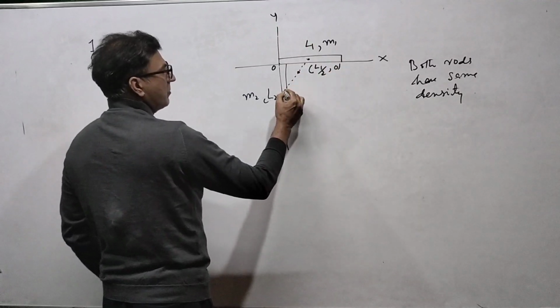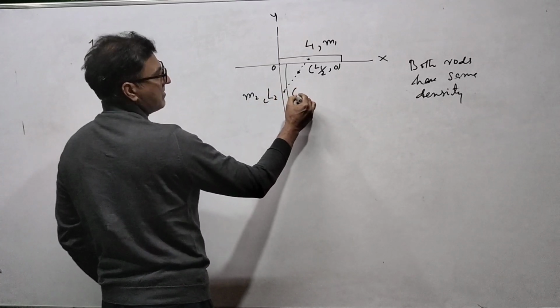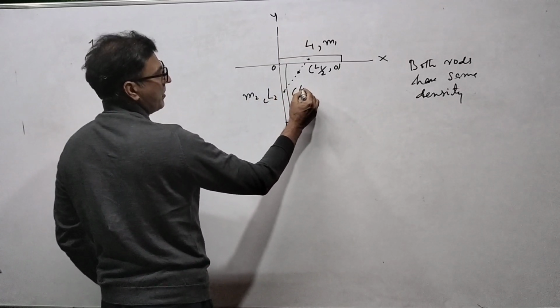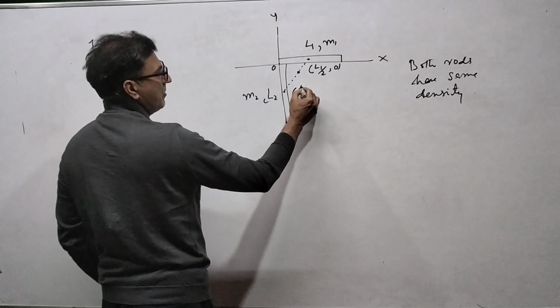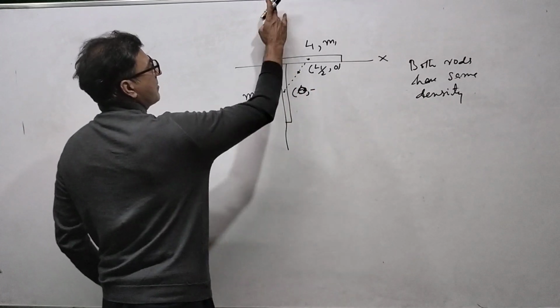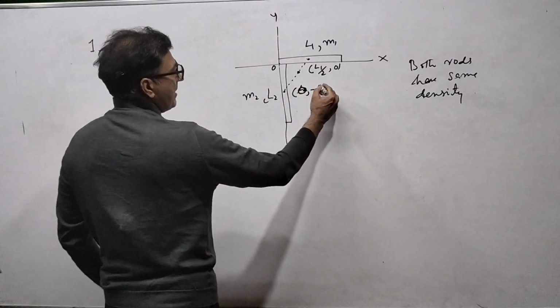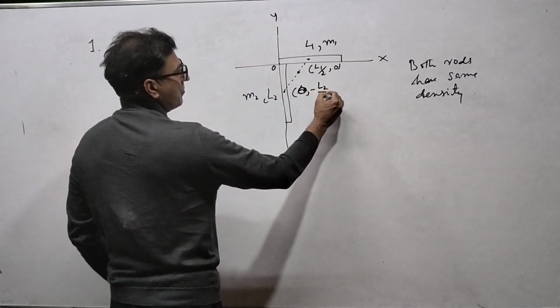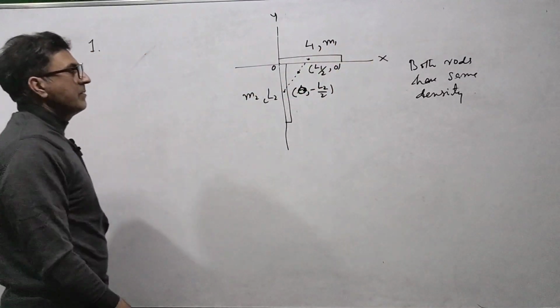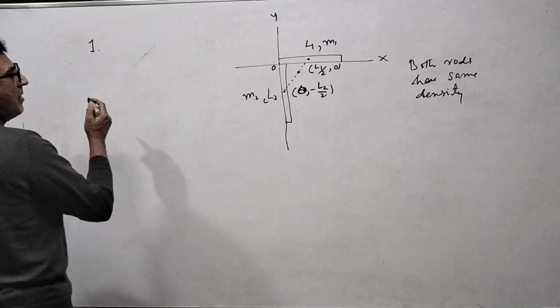That is 0. What is the coordinate of this point? That is x is 0, and y, if upward is taken as positive, is minus L2 by 2.